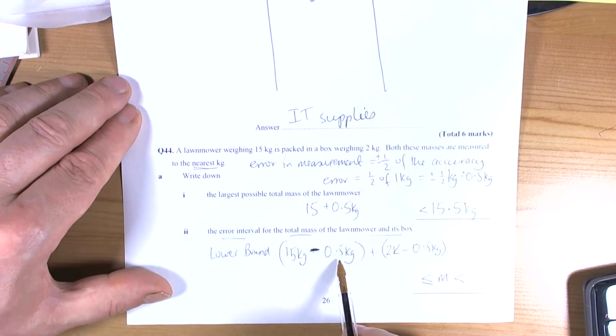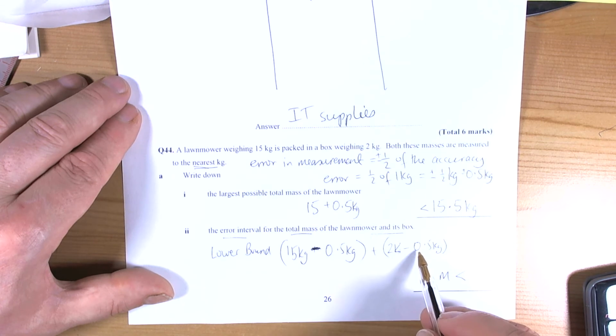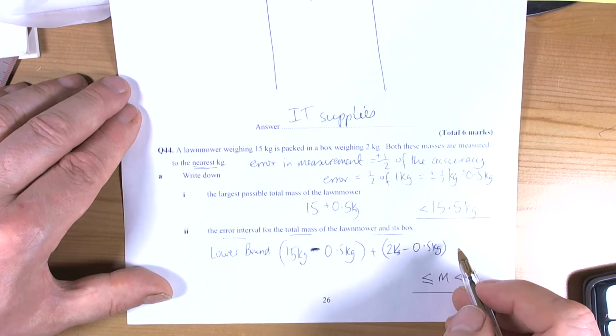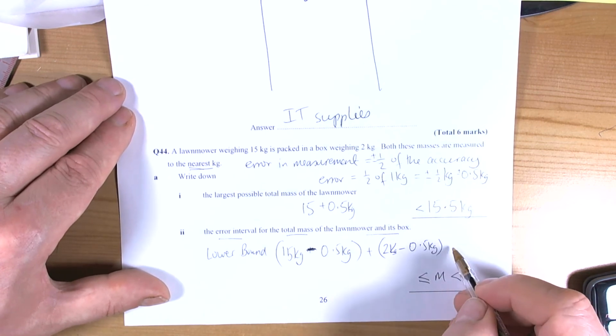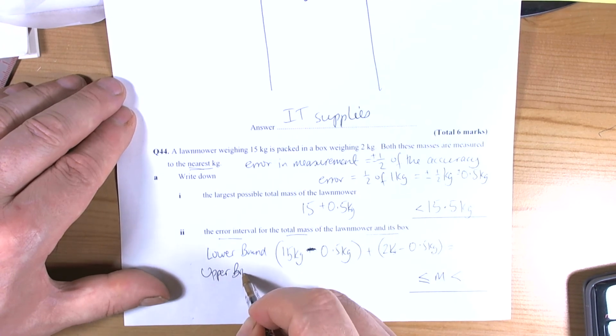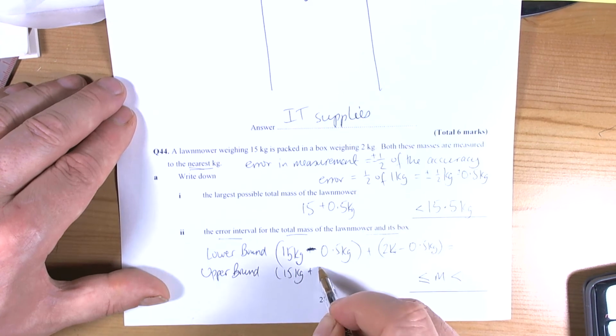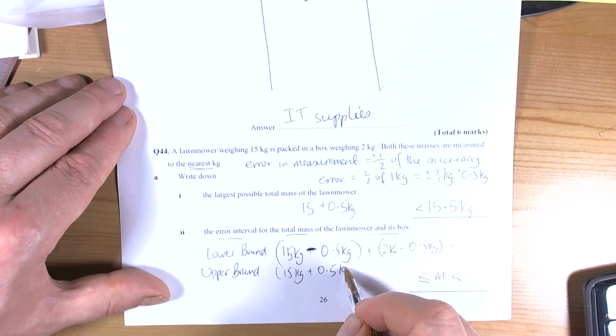So we're basically taking away the error from the masses of both items and then adding those together to get the lower bound of the total mass, and then the upper bound will be adding on the error for each item.